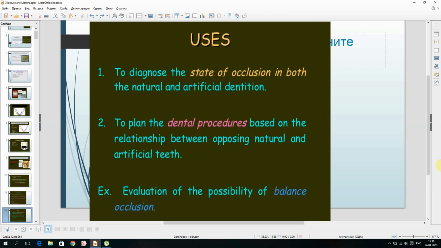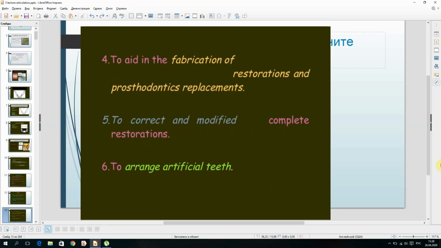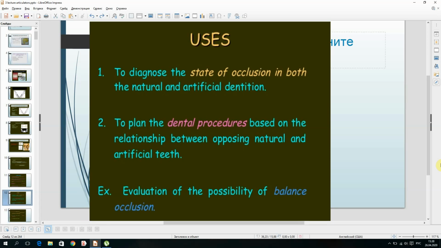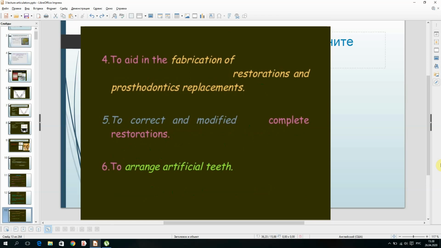Evaluation of the possibility of balanced occlusion. To aid in the fabrication of restorations and prosthodontic replacements, to correct and modify complete restorations, to arrange artificial teeth.